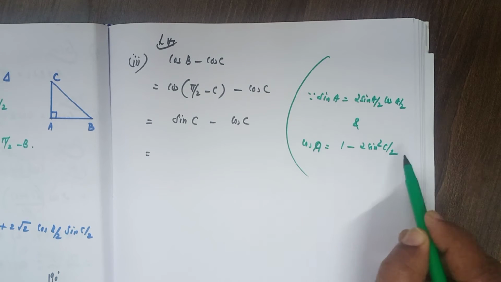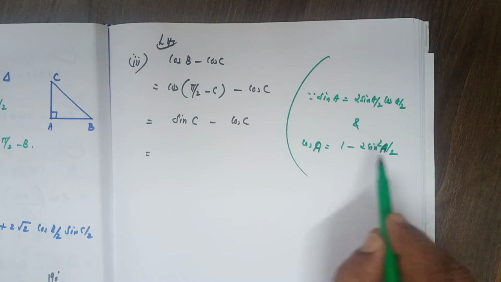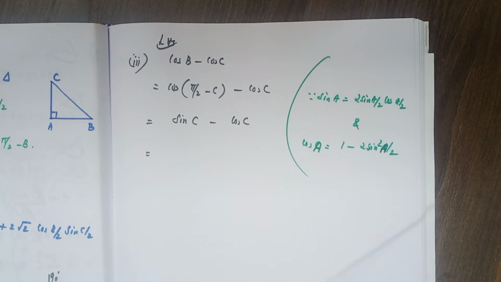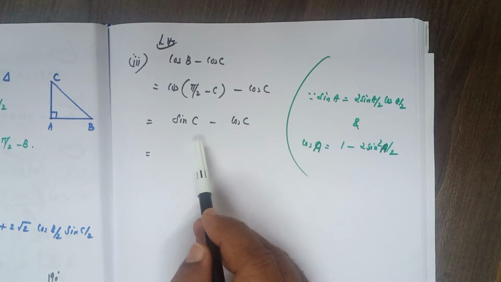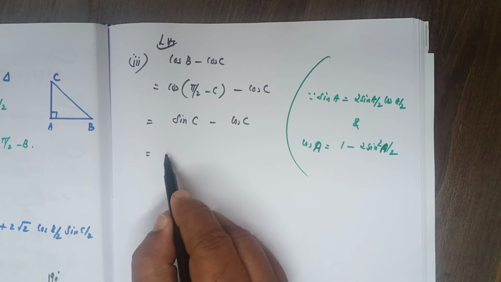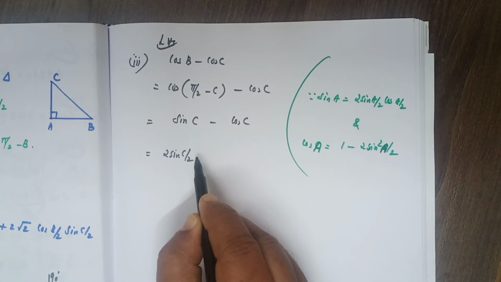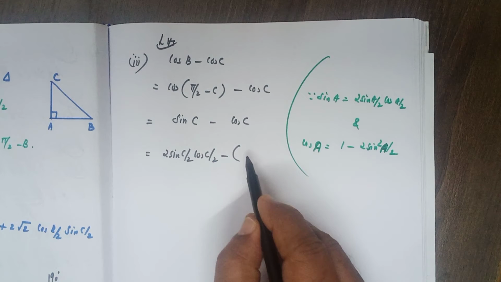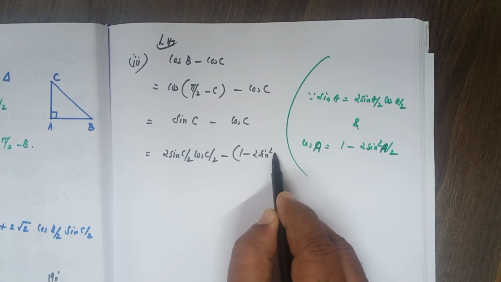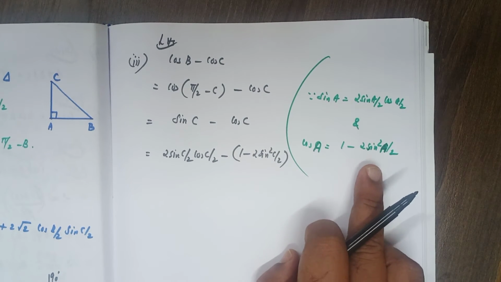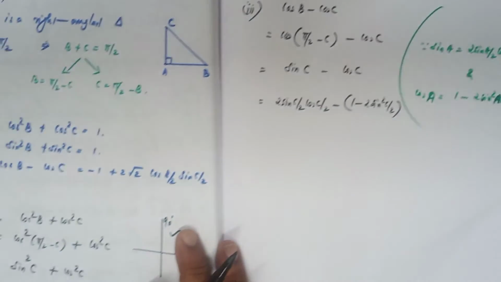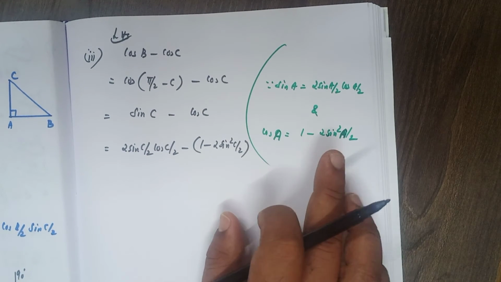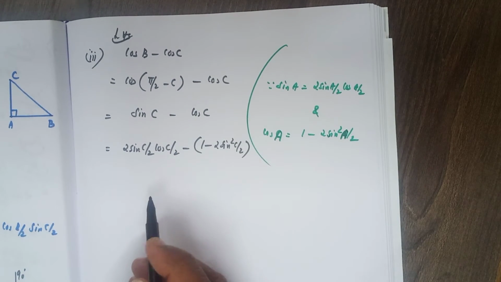So I write here A, here also A. Now we can apply, instead of A we have angle C here, so it can be written as 2 sin C by 2 cos C by 2 minus cos C is equal to 1 minus 2 sin squared C by 2. If we apply this formula only, we can get this RHS. Actually, cos A has 4 formulae. We have to apply this formula only for getting the result, remember.